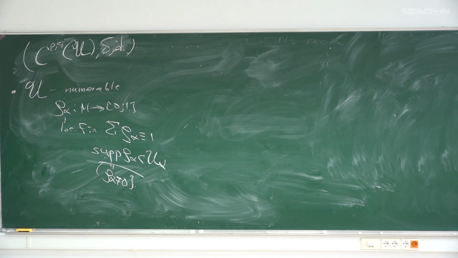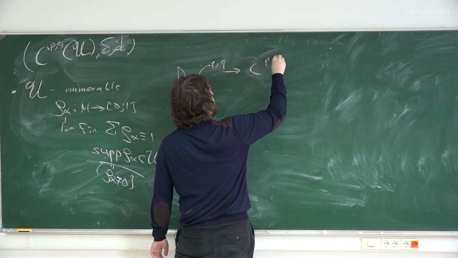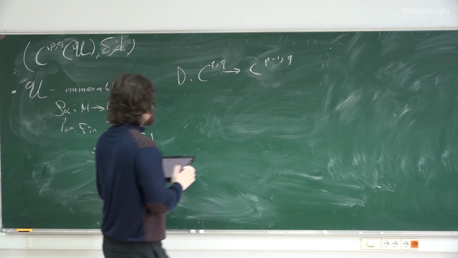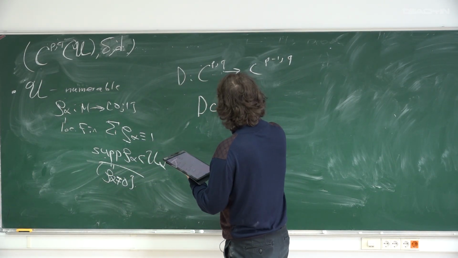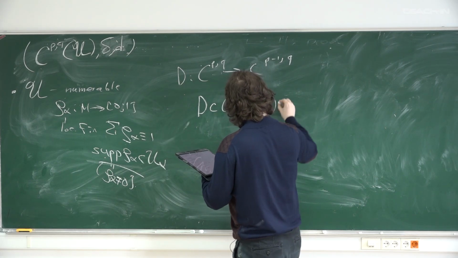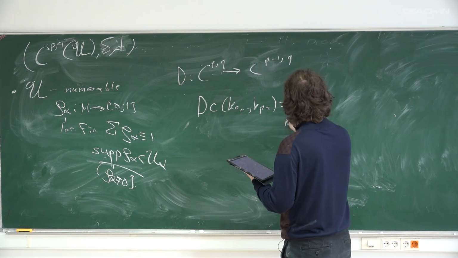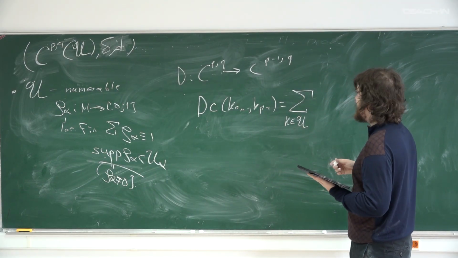And then, if I choose some partition of unity, I can define the following operator, the following map D from C^p Q to C^{p-1} Q. It's just D c of some function on k_{p-1} is the sum over all k, where k is an element of my partition and also a vertex of my nerve complex.